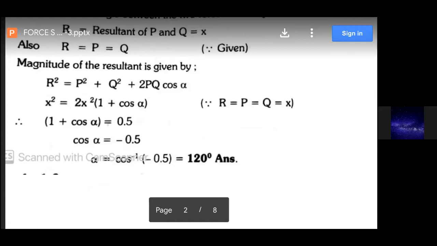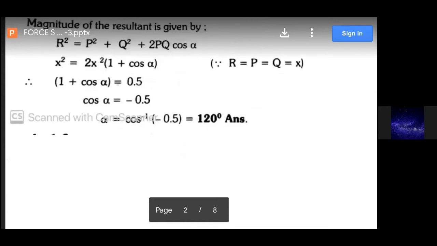We can write minus 0.5 in terms of the cos function as cos of 180 minus 60, which is cos 120. Cos inverse and cos cancel. After simplifying, alpha, the angle between the two forces, equals 120 degrees.